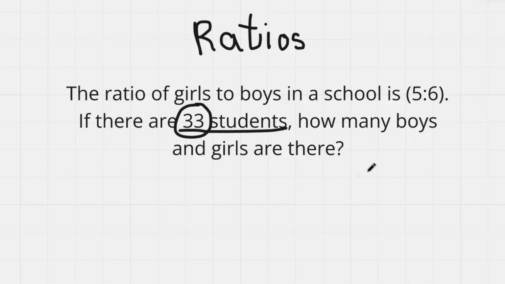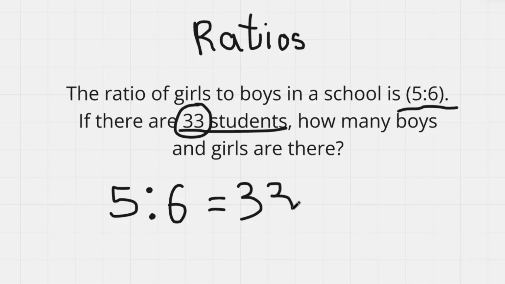That is very important. We also need to know the ratio, which is right here, 5 to 6. Let me write it right here: 5 to 6. Now, it says if there are 33 students, which means 5 to 6 equals 33. How many boys and girls are there?